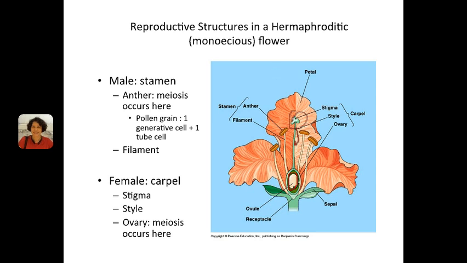Normally, the pollen from another flower will land on the stigma of this flower, and then the pollen grain germinates, and a pollen tube grows through the style and goes to the ovary and transports the sperm cells to that ovary.